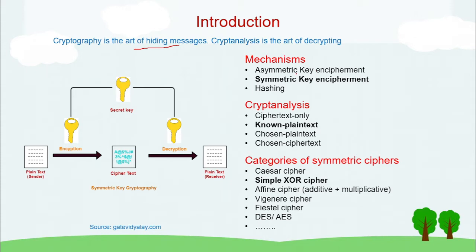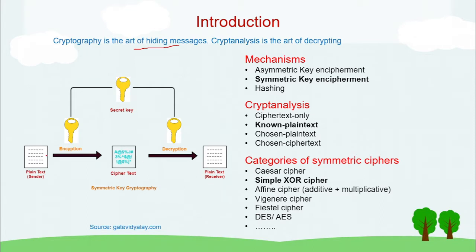As I told you, there are three mechanisms: asymmetric key encipherment, where we have a public key, private key setup; symmetric key encipherment. Maybe we can see this block diagram to understand what symmetric key encipherment is. The sender wants to send some plain text, some message, to the receiver.